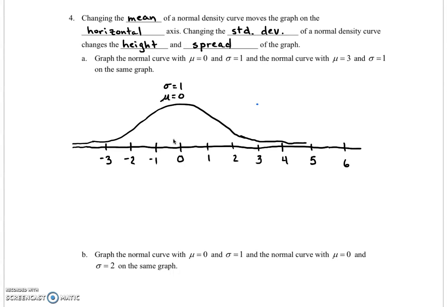I may get it right this time. There we go. Close enough. So this one you can see has a mean of 3 and the standard deviation is still 1. So the two curves look exactly the same, except one is shifted horizontally along the axis.